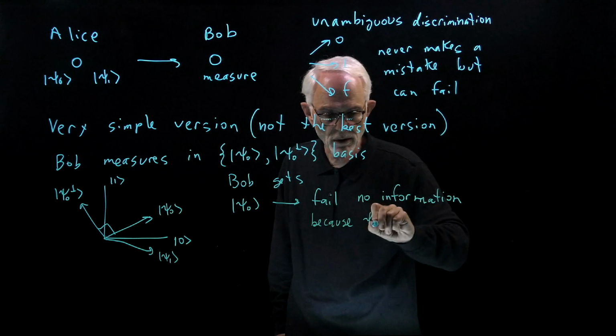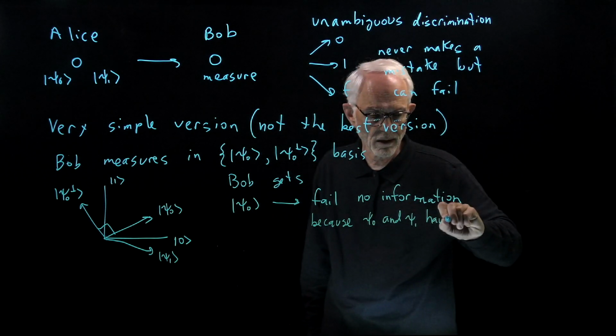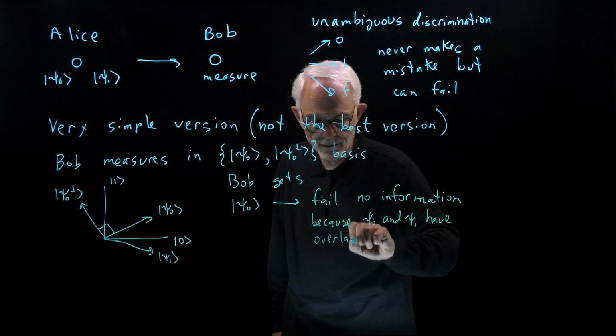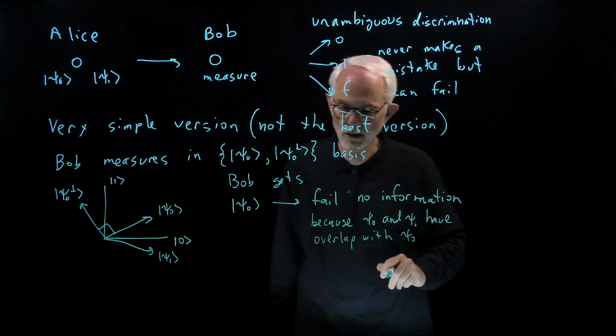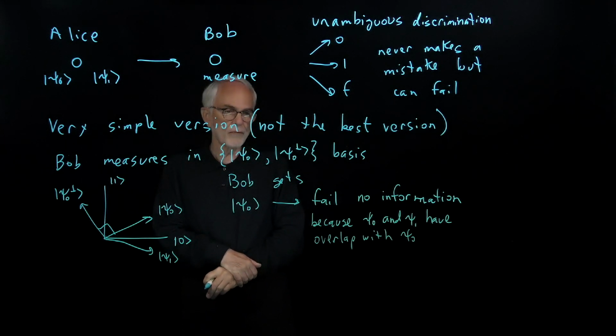Both psi0 and psi1 have overlap with psi0. So that corresponds to a fail if he gets psi0.